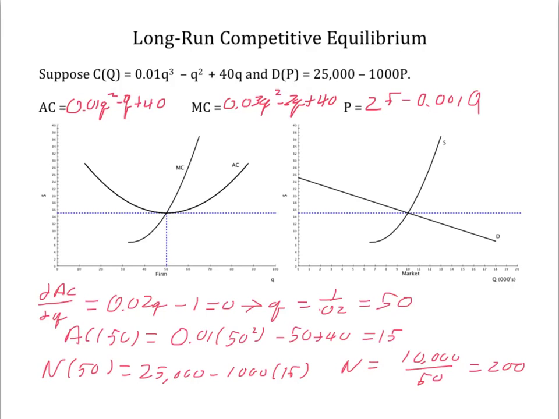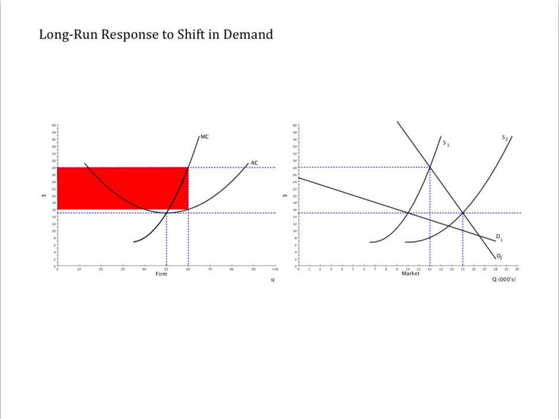How do sellers respond to a shift in demand? A shift out in demand from D1 to D2 would initially cause the price to rise to $28, causing each of the 50 firms to expand output along their individual supply curves up to 60 units.